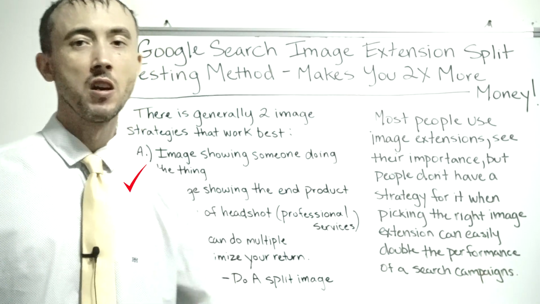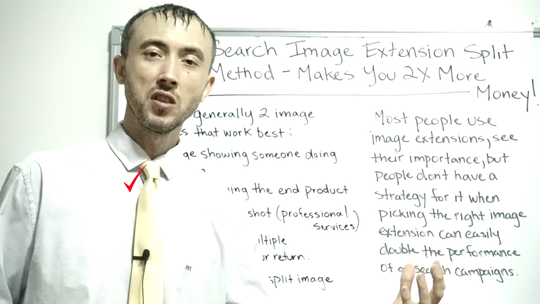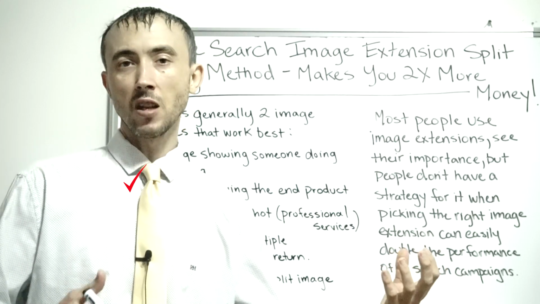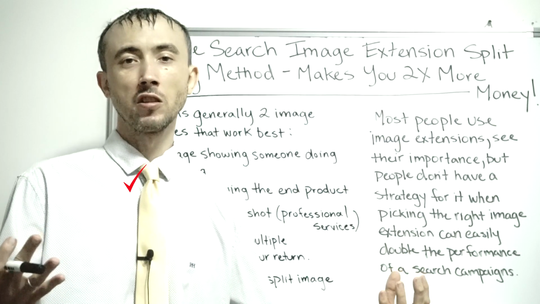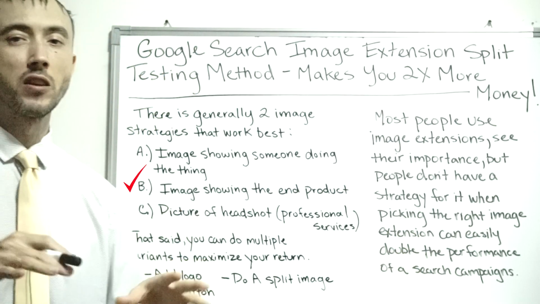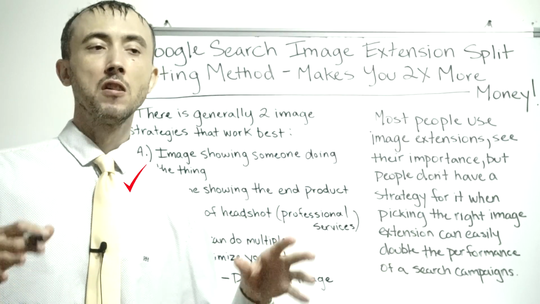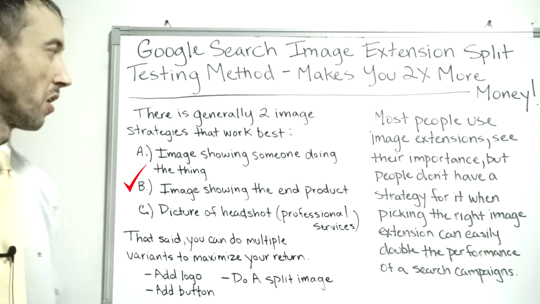A beautiful photo. So in services, in other words, sometimes it's going to be showing somebody doing the service. Sometimes it's going to be the end product after the service is done, showing what the end product looks like. For products, it's generally just showing the product. But even then, there's some different things you can do to get the most results out of your ads. That just tells you up front basically what's going to work, okay?